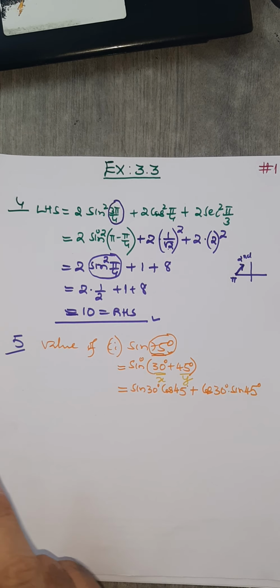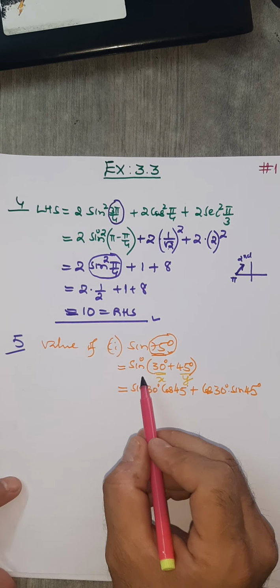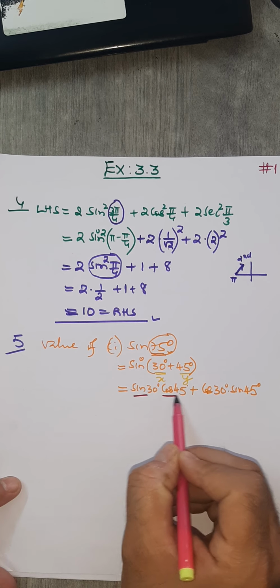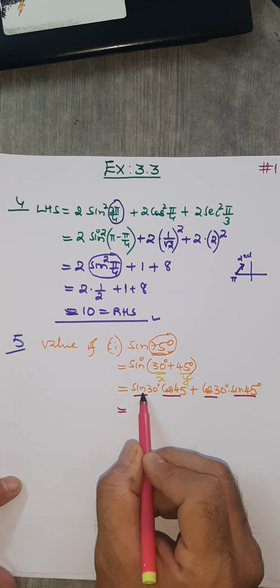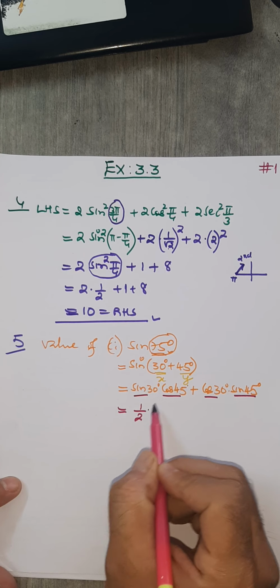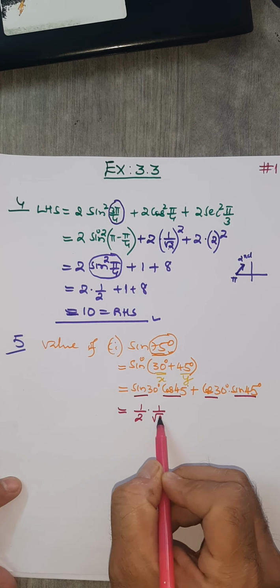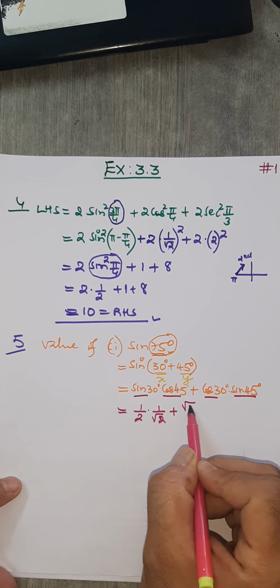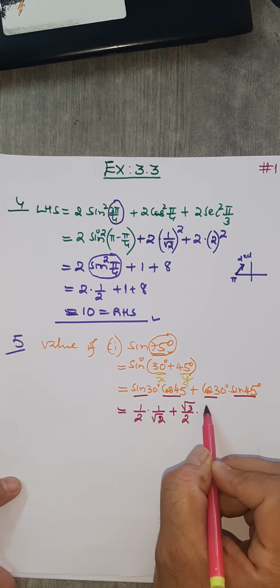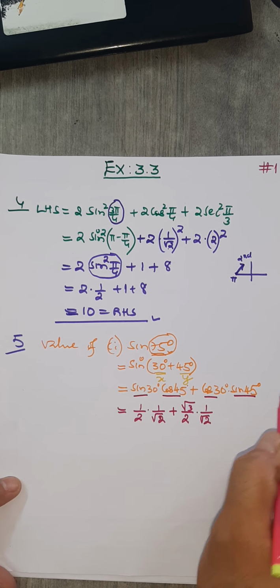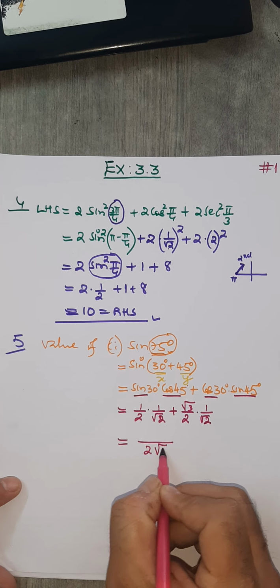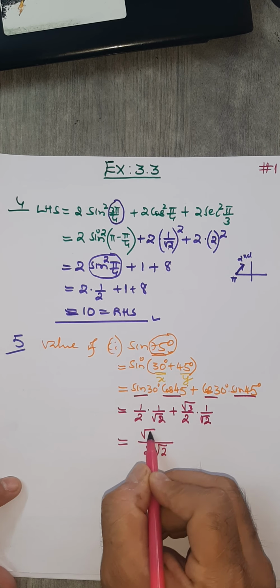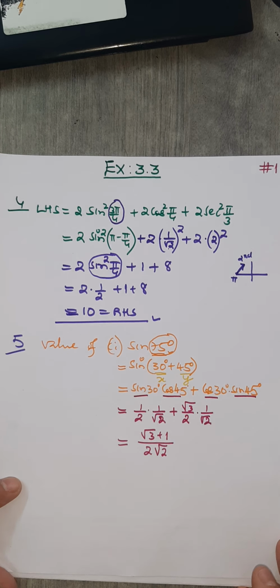Right? I repeat, what is this? Sin x plus y, sin x cos y plus cos x sin y. Put the values. Sin 30 degree, 1 by 2. This is 1 by root 2. Cosine 30 degree, root 3 by 2. And sine 45, this is 1 by root 2. So if you take LCM here, 2 root 2 is the LCM. This is 1 and this is root 3. So root 3 plus 1.